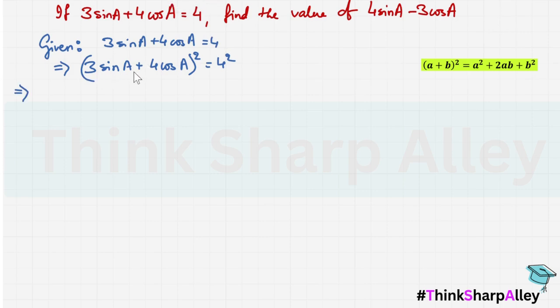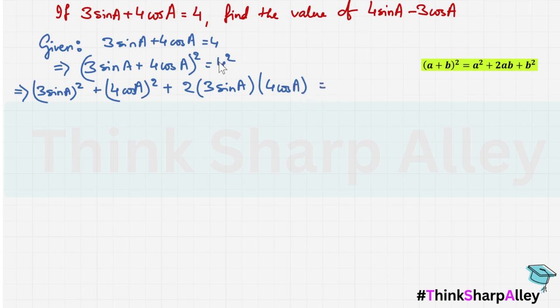Here it's clear 3 sin A is your A and 4 cos A is your B. So A square plus B square plus 2AB, which is equal to 4 square, that's 16. So we will just be squaring these.